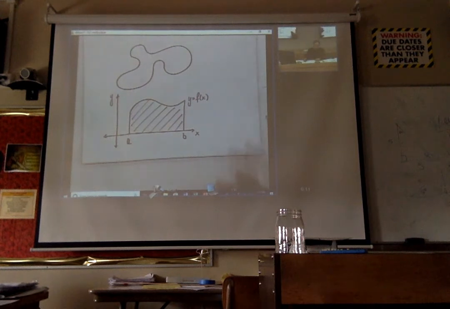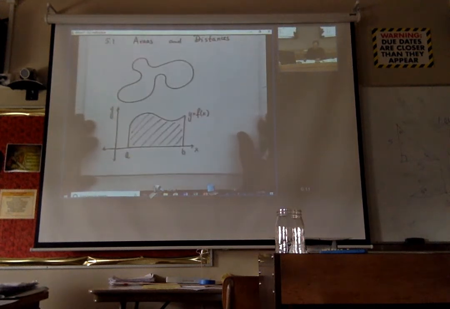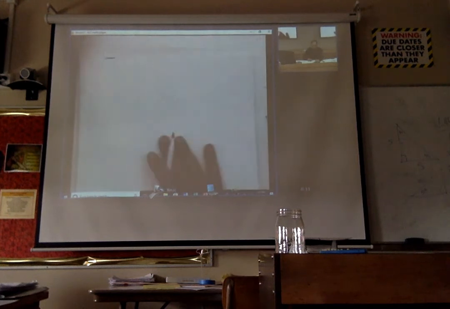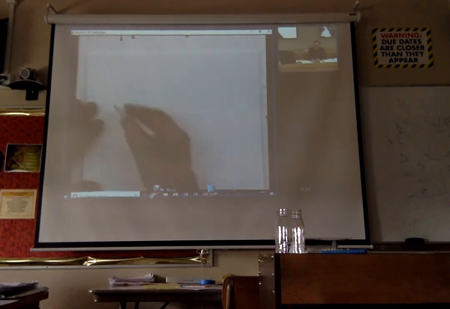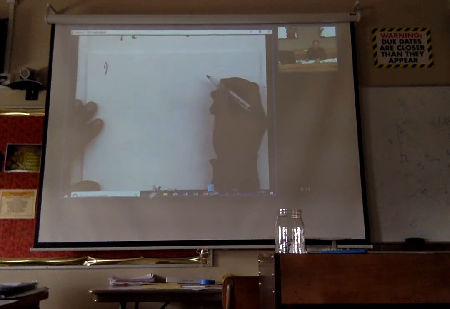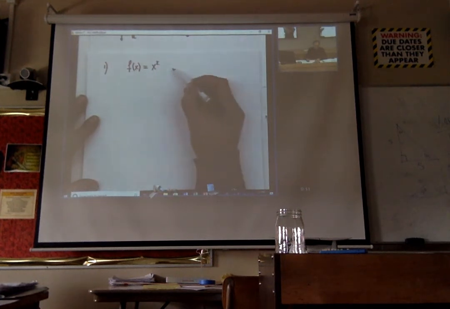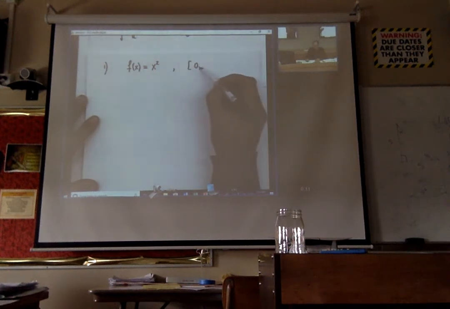So to begin, we'll start with a simple problem. And at this moment, for number one, we're not going to find the area right away. We're going to approximate the area. So we'll start with the simple function f of x equals x squared. And we'll be looking at this function on the interval from 0 to 1.